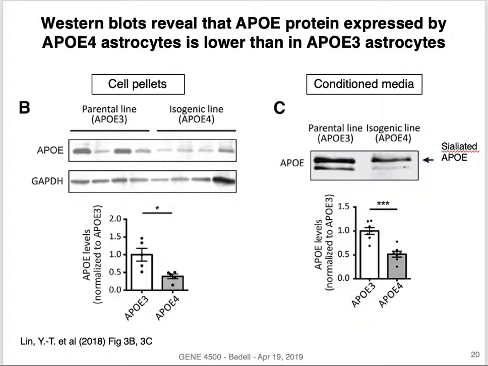So combining what's present in the media along with what's present in the cell pellet, so that's spinning down, centrifuging down the cells, and then lysing, doing the Western blot on the cell lysates. Okay. So again, there's a big difference between the amount that's present in the cells and the amount in the conditioned media. Yes.